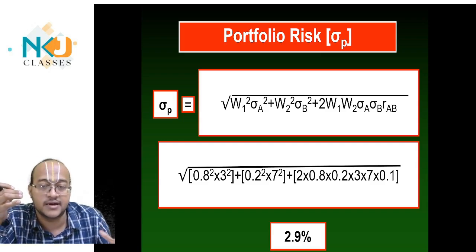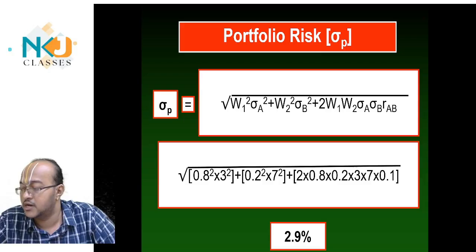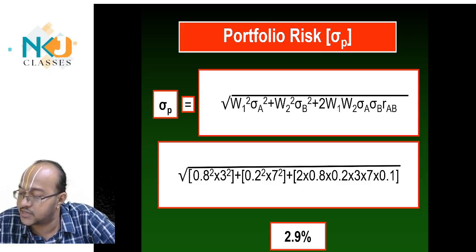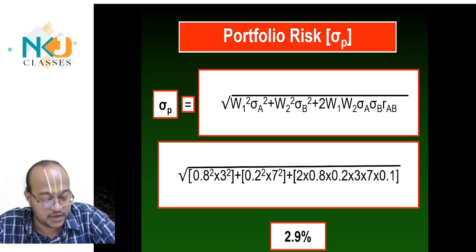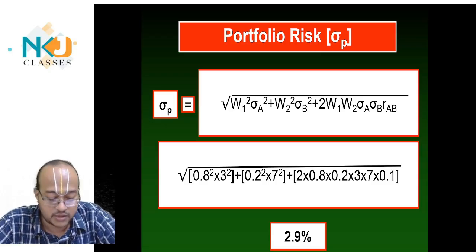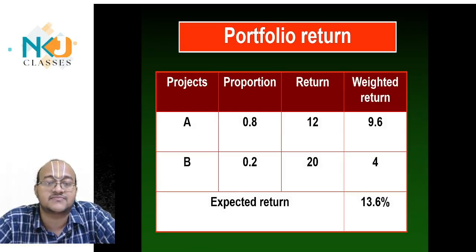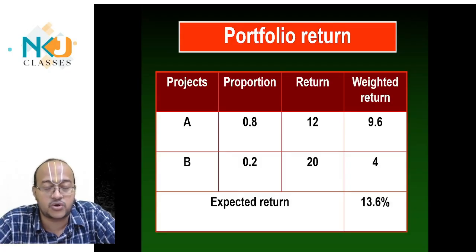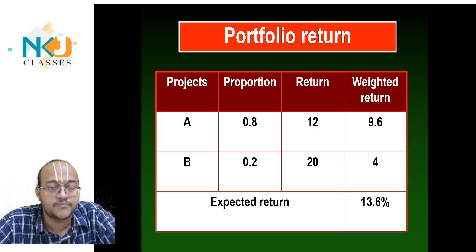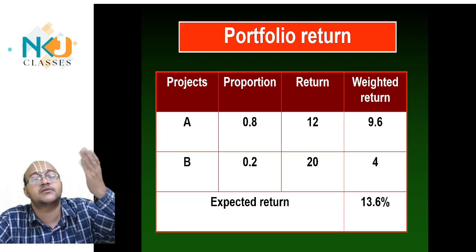And if you observe, the 3% risky project is having 12% return. But our portfolio return, what is that? 13.6. The beauty of diversification is that it is also reducing risk, and it is also enhancing return.